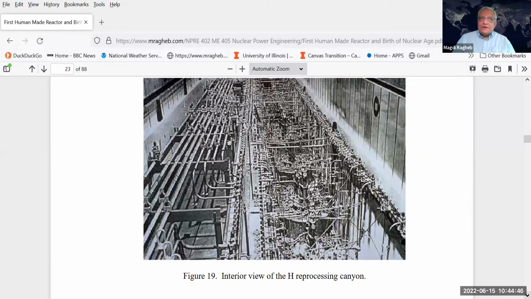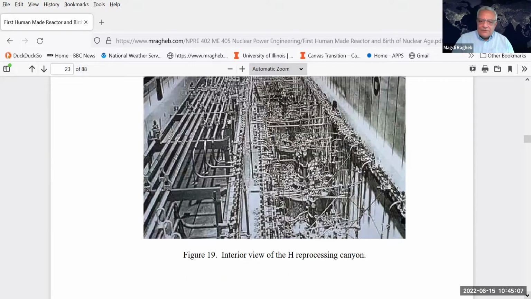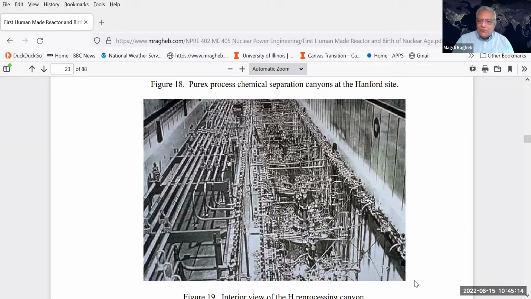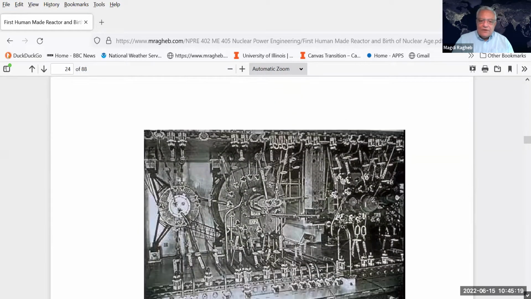Basically the DuPont company accepted just $1 from the government, plus all the costs that they incurred in developing the chemical processes. And what they did is that they learned the technology and developed it for other purposes. But look at the nightmare in terms of tubing that had to be connected together and operated on a remote control basis, extracting the plutonium from the uranium.